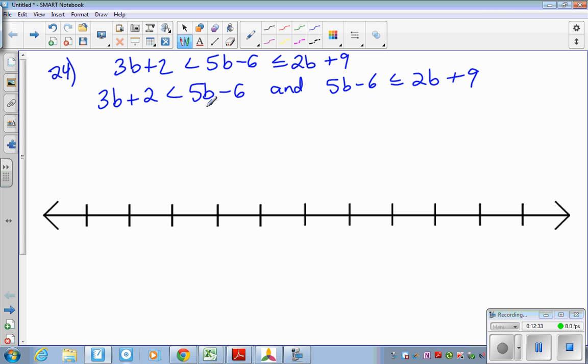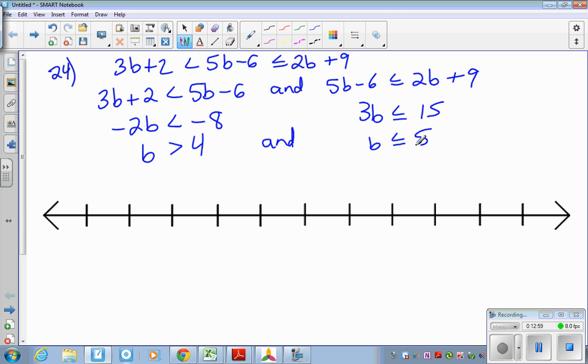And so over on the left-hand side, if we rearrange this, we get negative 2b is less than negative 8. Don't forget when we divide by a negative number, the sign switches. So b is greater than 4. Right-hand side, we get 3b is less than or equal to 15, and so b is less than or equal to 5.